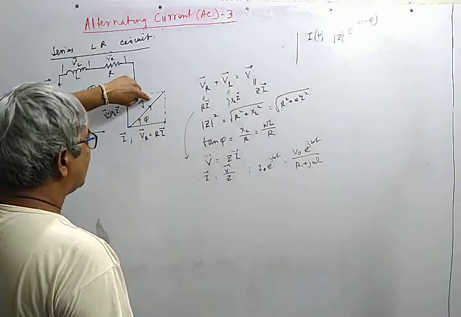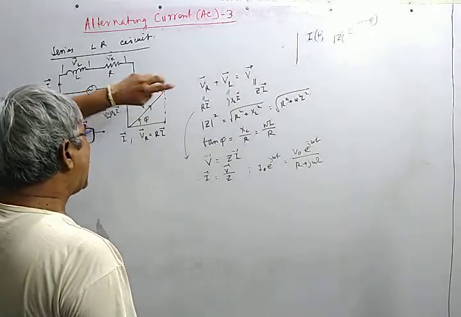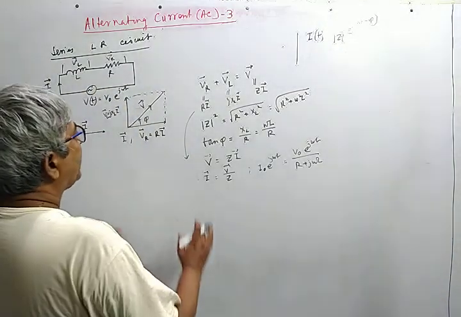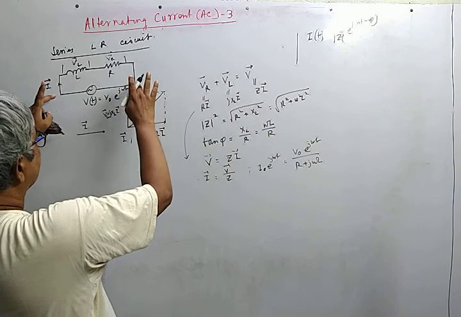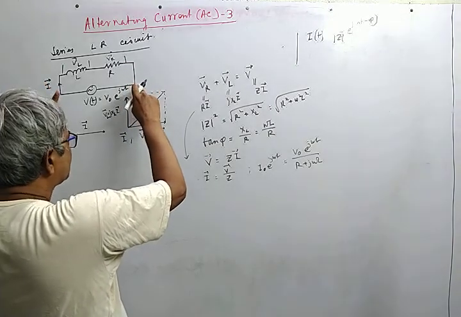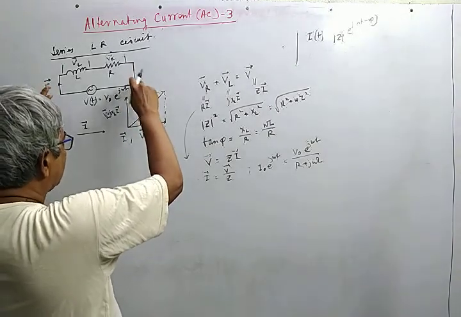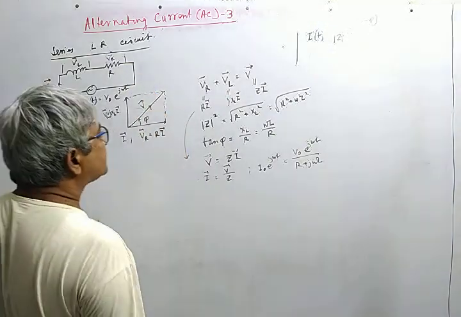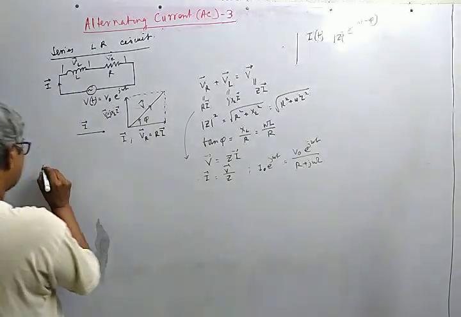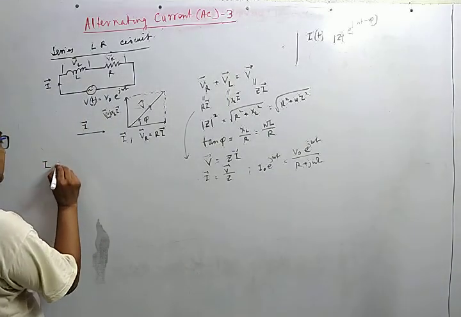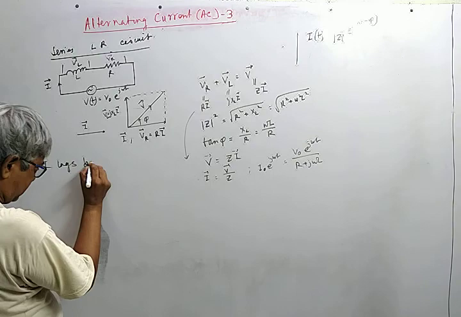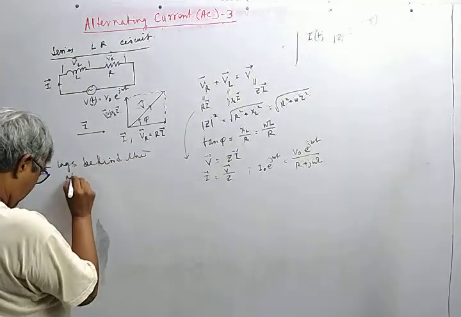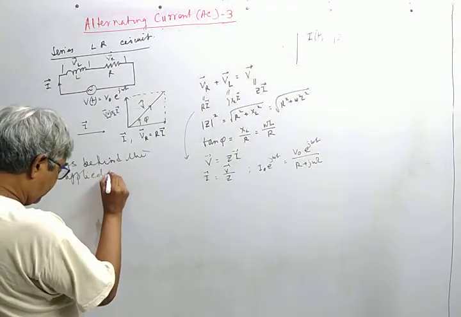So V is advanced in phase compared to I. Since we have fed the circuit with an AC voltage source, with reference to the applied voltage, the current lags behind the applied voltage.